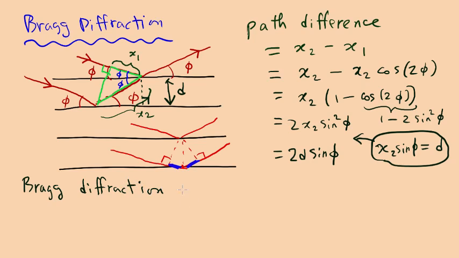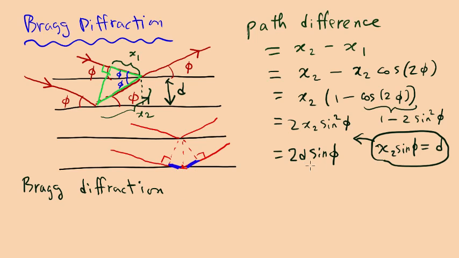So all we care about is the principal maximum, because other than the principal maximum, the intensity is very low. It is basically a Dirac delta function peak for large n, and there is no other intensity coming from this lattice plane. So all we need to care about is the principal maximum condition.